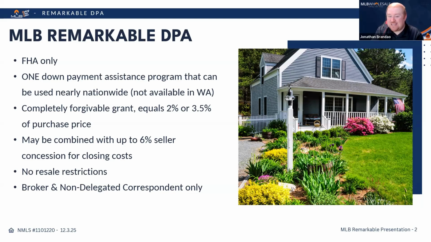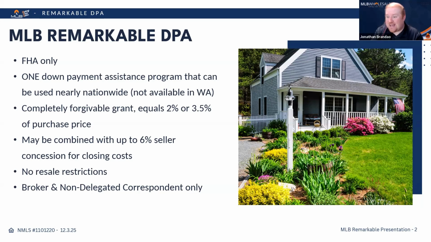Now, since this is a completely forgivable grant, there are no additional liens and no resale restrictions. The majority of DPAs across the entire country require the borrower to have some additional lien on the property. They require the borrower to live in the home for, let's say, 5 years. It has additional rates. It has a third-party vendor they have to pay a separate payment to, outside of their traditional mortgage payment.